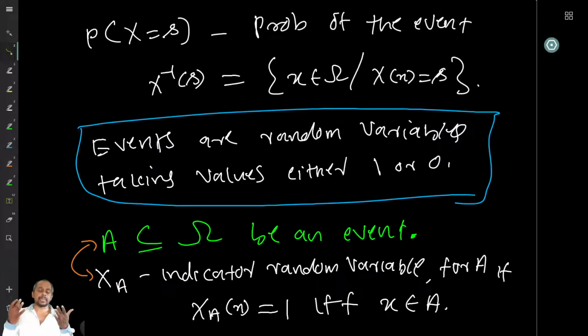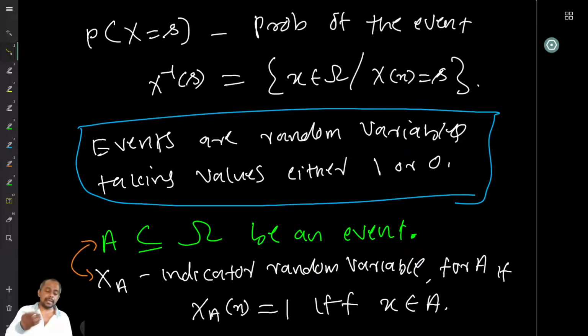Now, the event itself, if you want to look at it as a random variable, we can say that it is a random variable which takes the value 1 whenever precisely that element is being chosen.